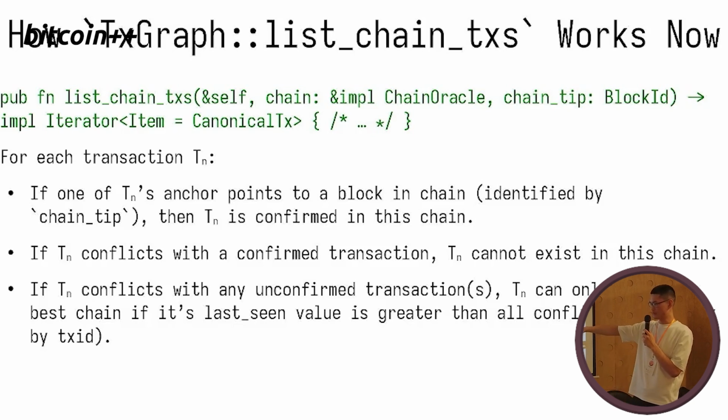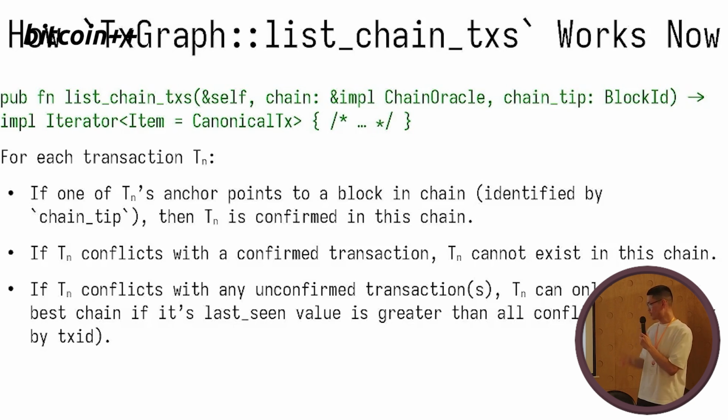The next part is to deal with unconfirmed transactions. If an unconfirmed transaction conflicts with a confirmed transaction, that means the unconfirmed transaction can't exist in the same chain. The third point is dealing with two different unconfirmed transactions.